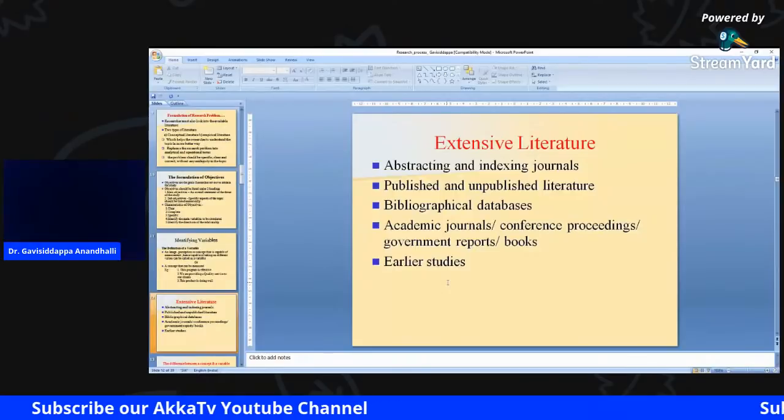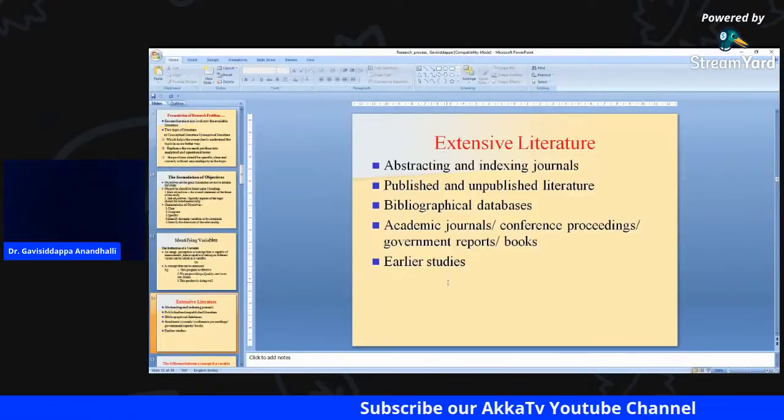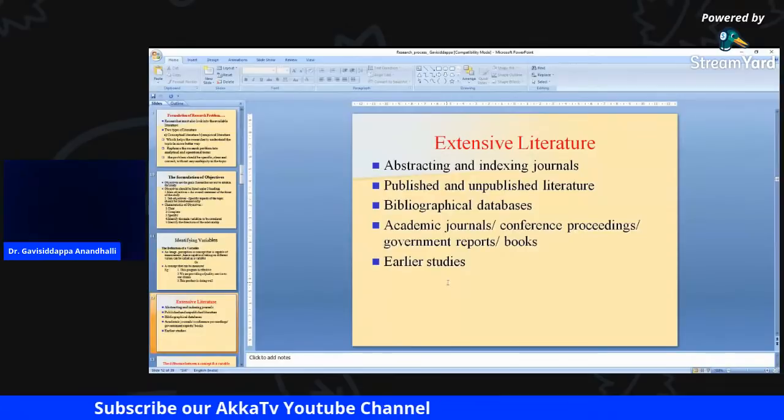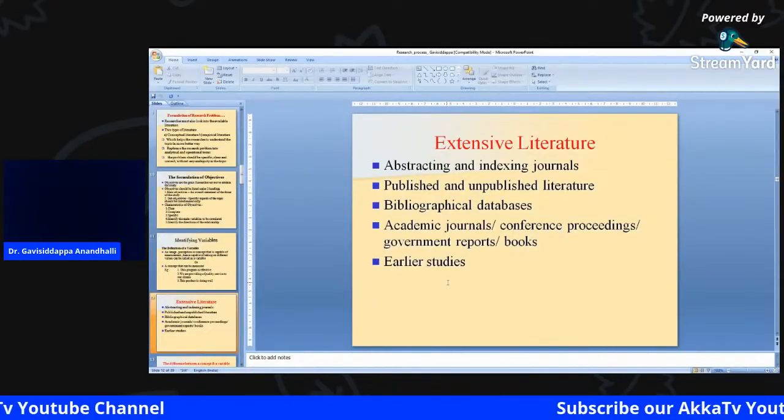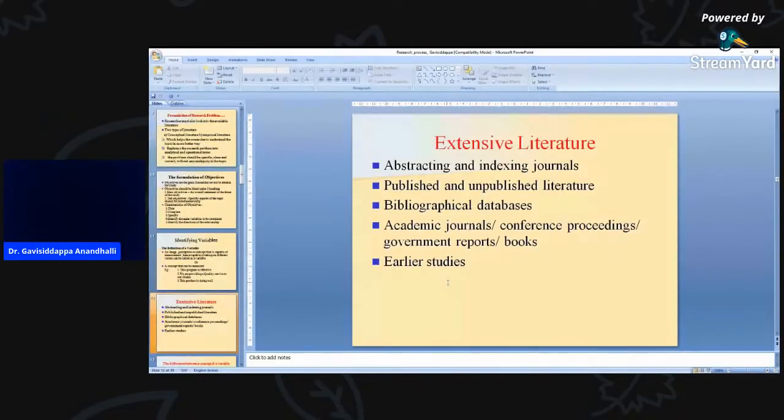And so many conference volumes, proceedings, government reports, books, collect all these and take the articles relevant to you in Xerox form and study them. And also you can collect some of the earlier studies also. It will help a lot.